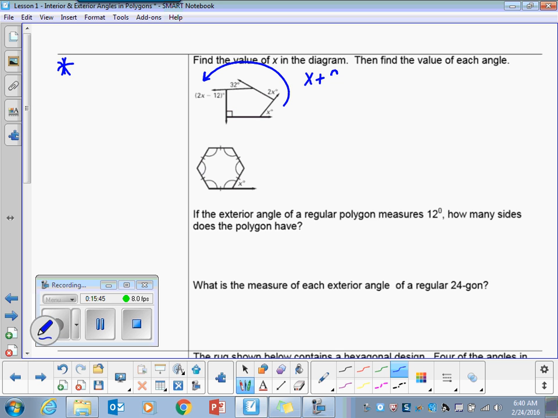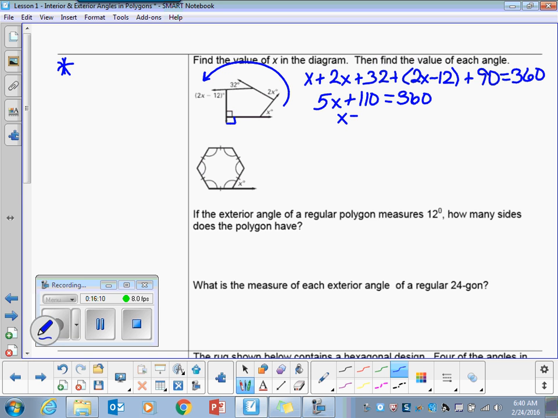So x plus 2x plus 32 plus 2x minus 12 plus, don't let this one fool you, there's an exterior of 90 degrees right there, 90 equals 360. Combine your like terms. 5x plus 110 equals 360 degrees. So x is going to equal 50 degrees.